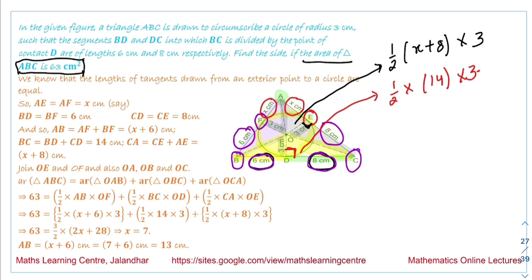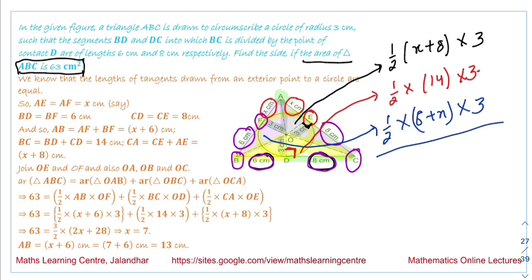And the area of this third triangle, it is half, base is 6 plus x and height is 3 centimeter. So the total area is 1 by 2 into (x plus 8 plus 14 plus 6 plus x) into 3.